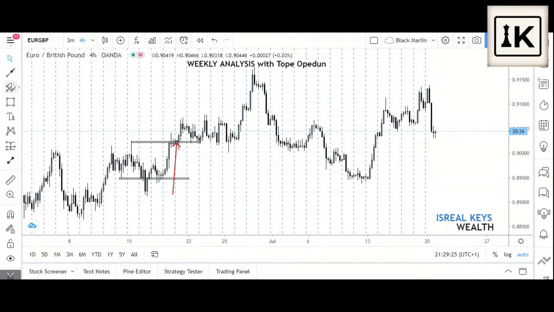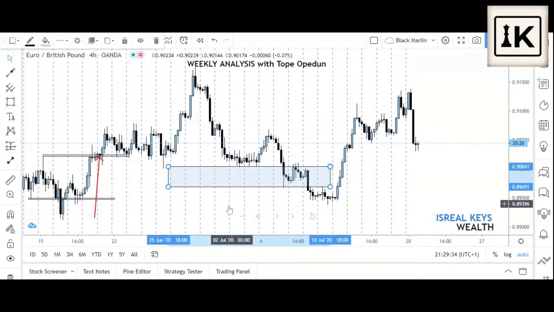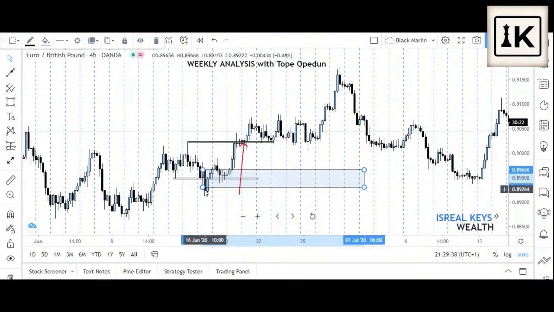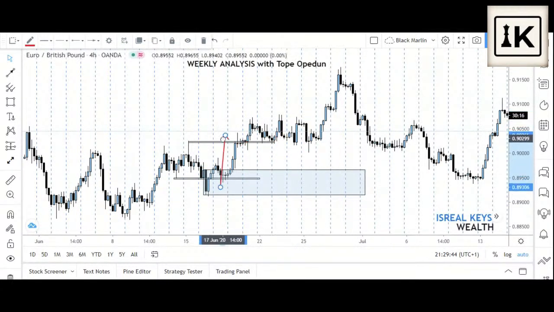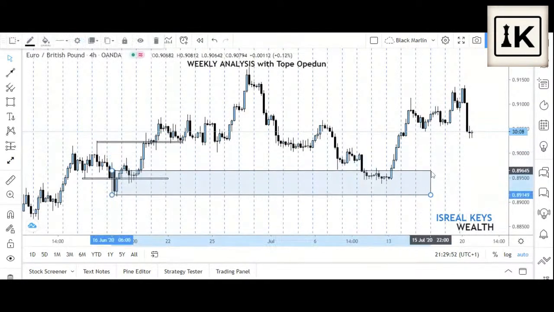And what I marked out was this huge H4 bullish order block over here. It was the one that created this move up that broke structure. And as you can see, price dropped down nicely into it.